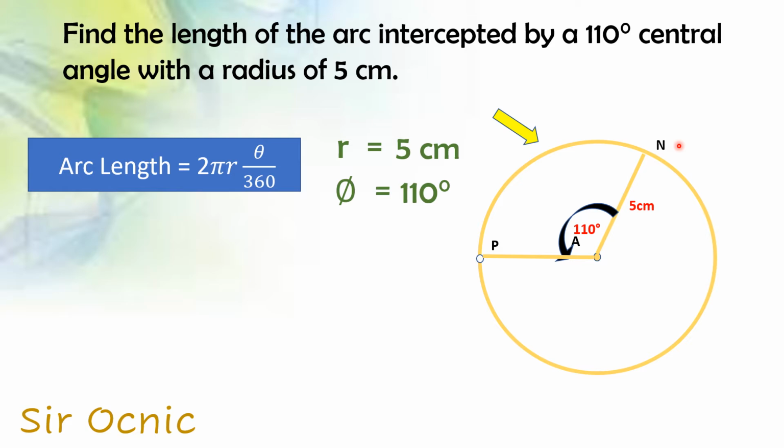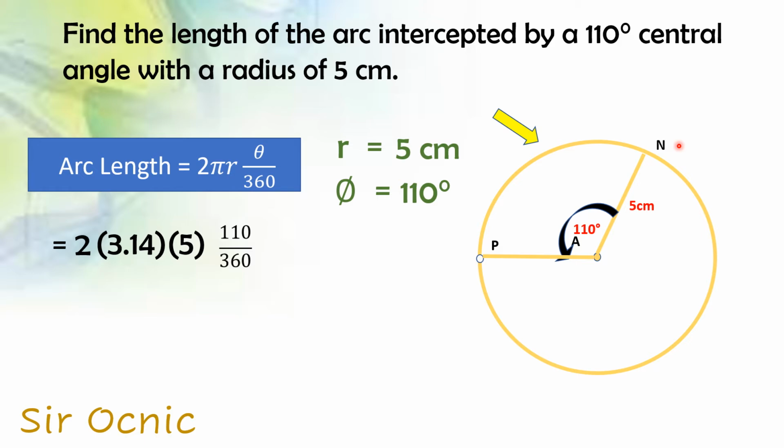Substituting these values to the formula, we will arrive at 2 times 3.14 times the value of r, which is 5, times the value of the central angle, or value of theta, which is equal to 110 all over 360.